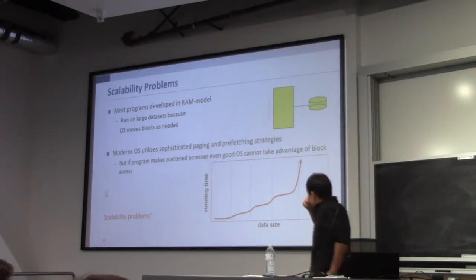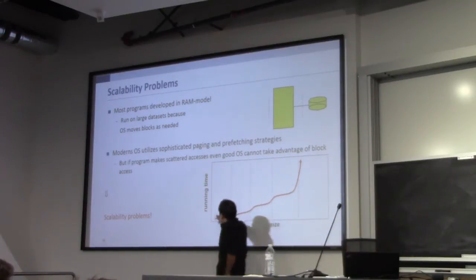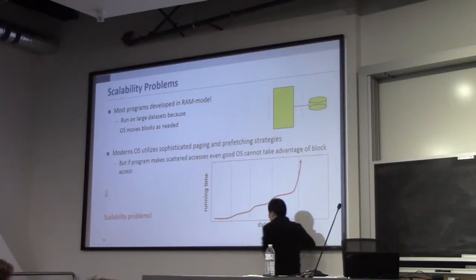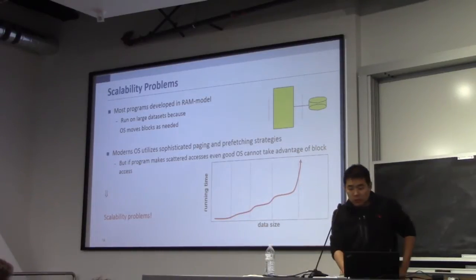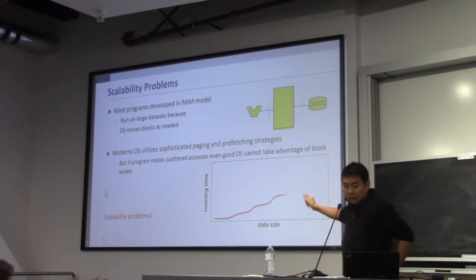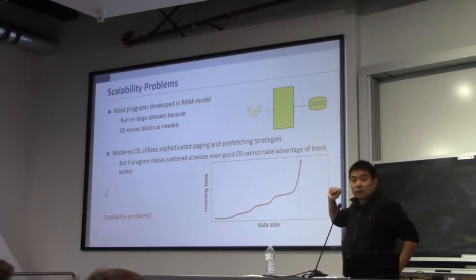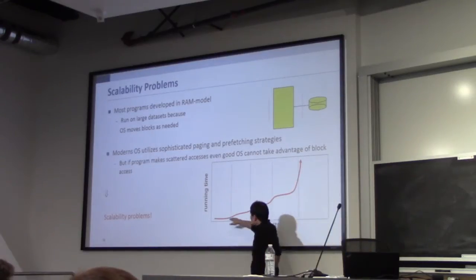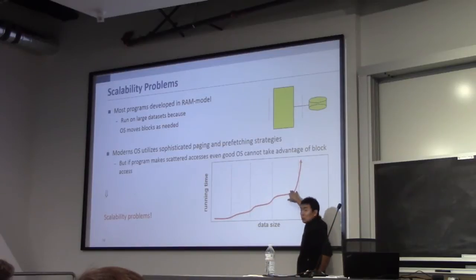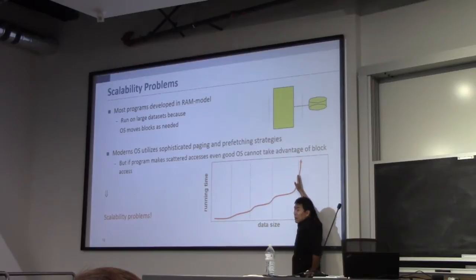If you look at the running time and the size of data you need to fetch to memory, you will observe a curve like this. What it means is the runtime is roughly linear to the scale of your data size until you reach the boundary of your memory size.